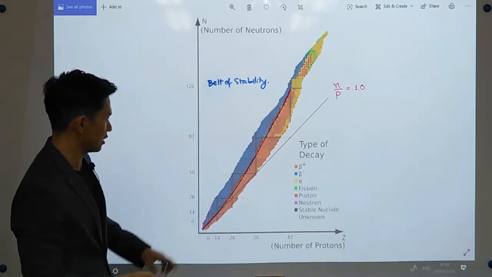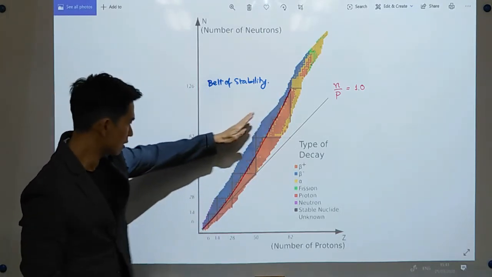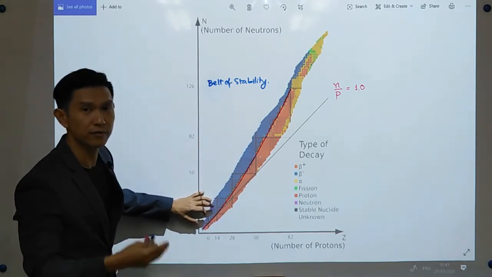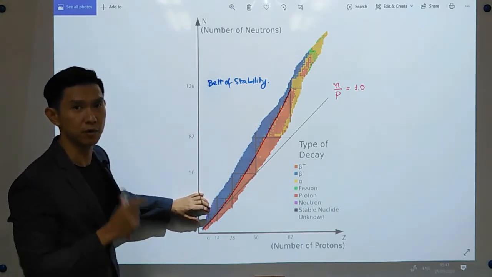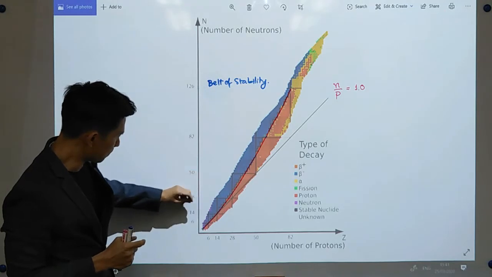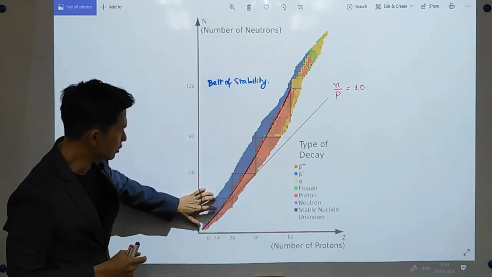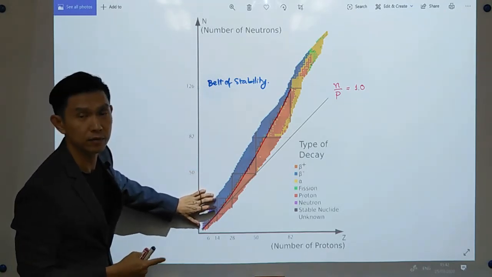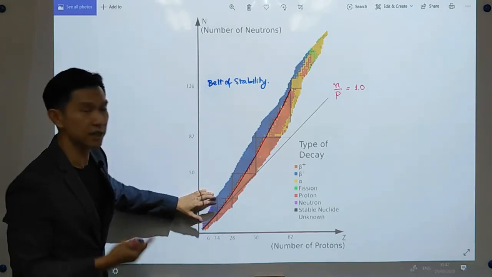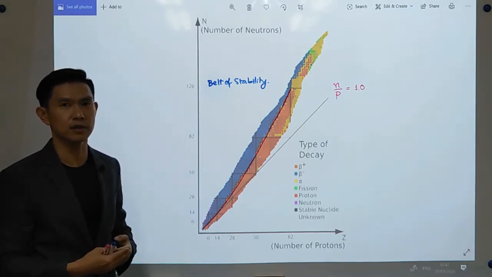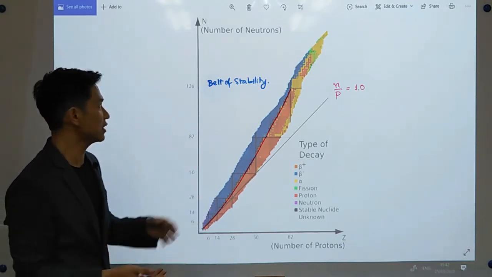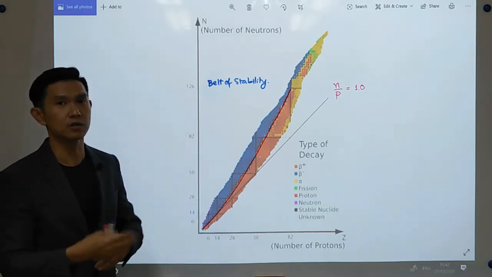So as you can see, the alignment of the line here at the very beginning, for the very small elements, the black line is on top of the N/P equal to 1. So that means the stable isotopes of the small elements almost always contain neutrons and protons in equal amounts.